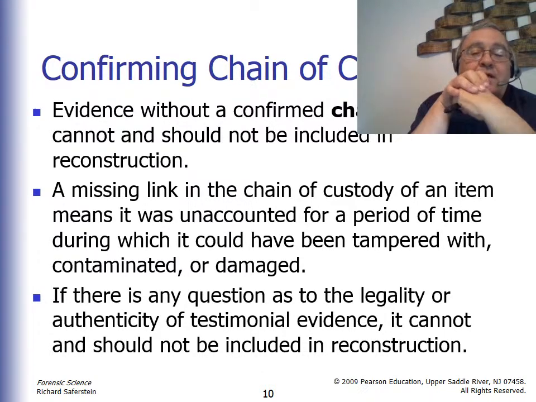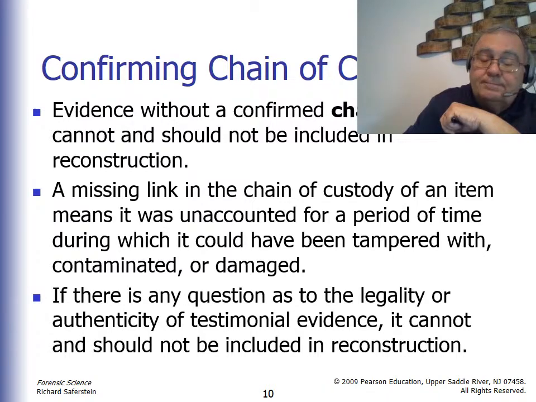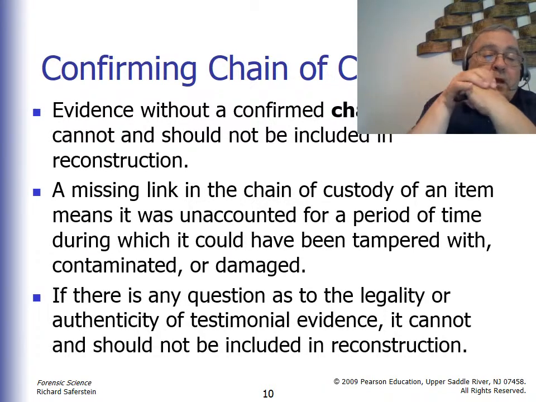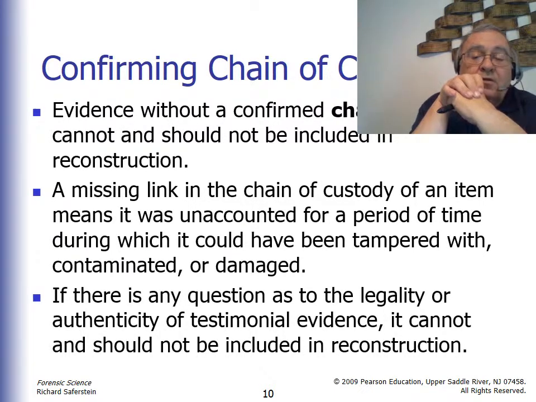A missing link in the chain of custody of an item means it was unaccounted for a period of time during which it could have been tampered with, contaminated, or damaged. If there is any question as to the legality or the authenticity of testimonial evidence, it cannot and should not be included in reconstruction.